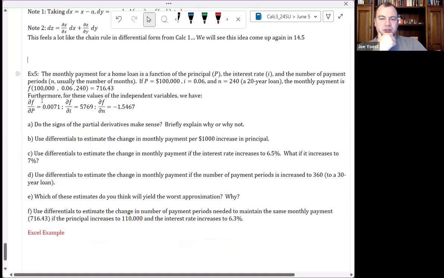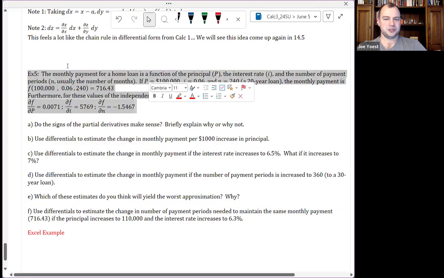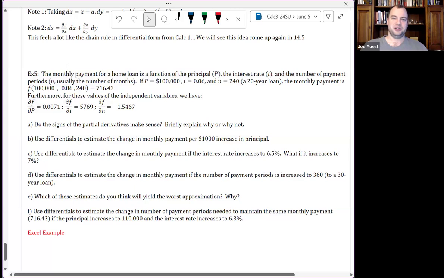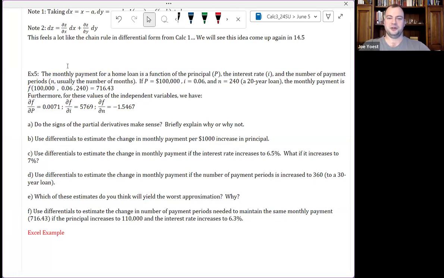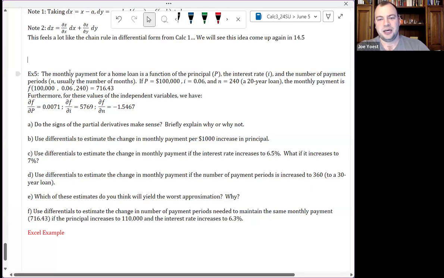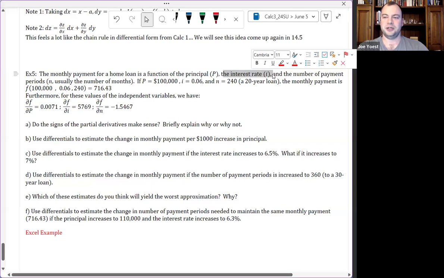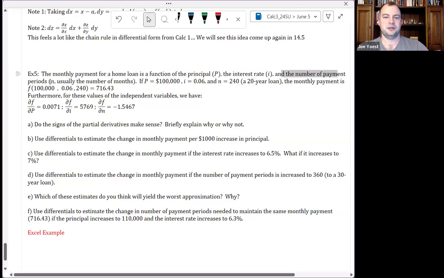Okay, so let's look at example 5 then. I think this is a particularly interesting example. A lot of folks say that they were never taught anything about finance or anything in school. Well, here we're looking at a monthly payment for a home loan. This is a function of the principal, the amount borrowed, the interest rate, the annual interest rate, and the number of payment periods.